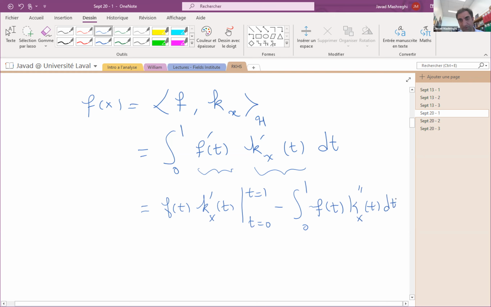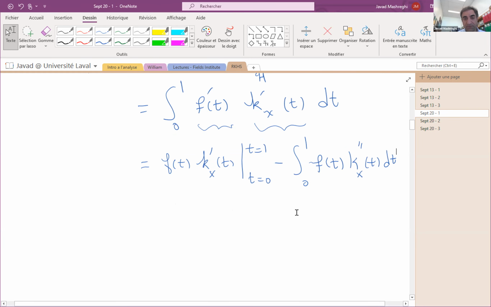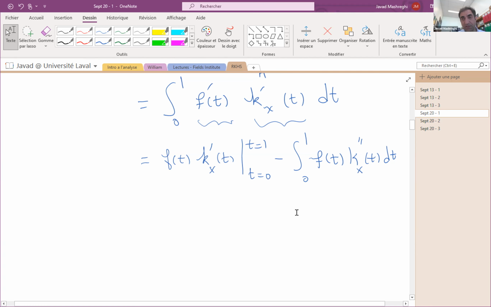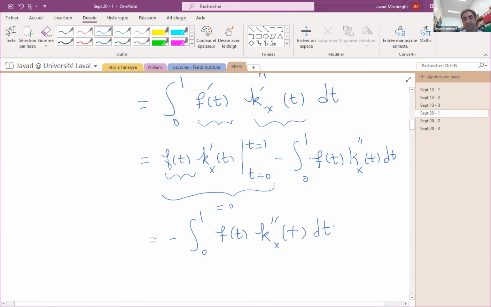For the moment, assume that everything is okay, k is smooth, and we can do integration by parts. Based on the assumption on the boundary values, at t equal to 1 and t equal to 0, f is equal to 0, so this term disappears. And what remains is minus the integral from 0 to 1 of f(t) k_x double prime(t) dt.